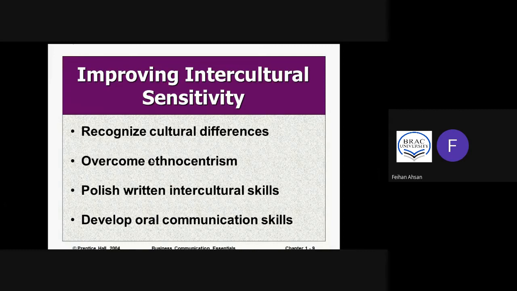It's very similar to racism, and the key thing is that whenever we're communicating, we need to overcome this belief. Polish your written intercultural skills and develop strong oral communication skills. Doing all these can improve your intercultural sensitivity.